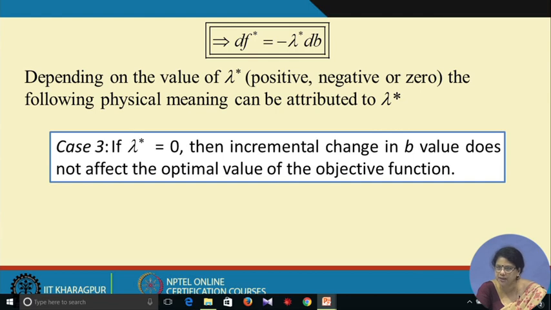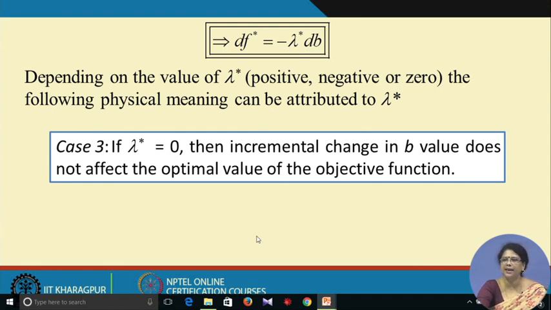Hope it is understandable. That is why lambda star gives a lot in the economic interpretation, and it is named the shadow price in optimization problems. Now, that is all about the interpretation of the Lagrange multiplier.